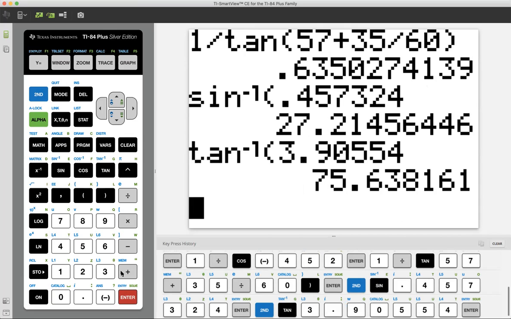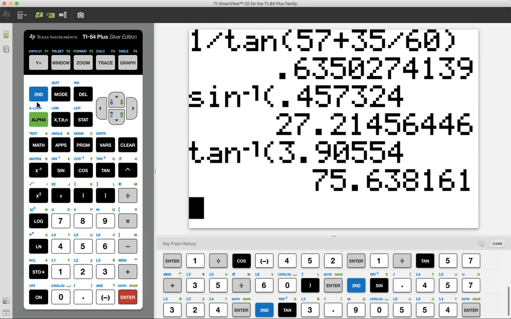And then finally, I have secant is equal to 2.51867. I don't have an inverse secant button, but I know that the cosine is the reciprocal of that. So cosine of theta is 1 over 2.51867.